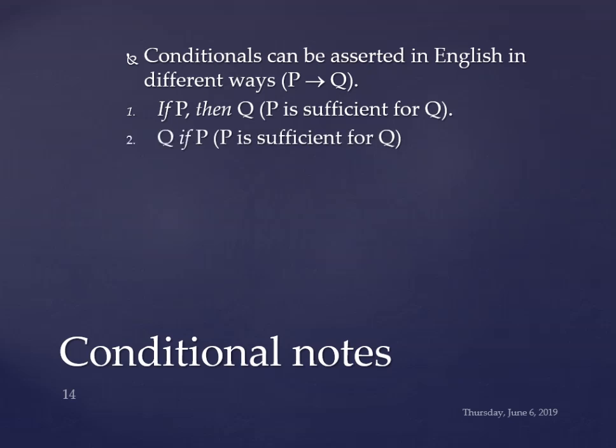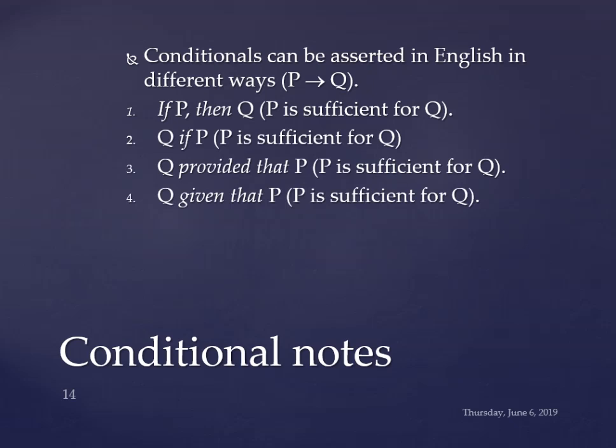Here we're saying Q if P. Now the consequent is mentioned first, but the way the "if" is being used indicates to the reader that P is sufficient for Q. Same thing here, Q, provided that P. P again is sufficient for Q. Same thing with Q given that P.